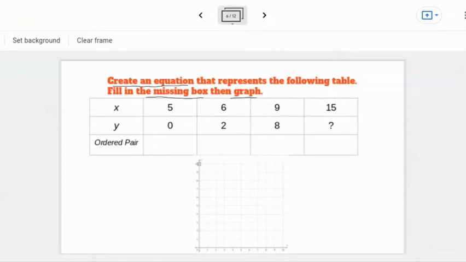But come up with an equation. So a y equals, remember yesterday, blank x plus or minus blank. Once you come up with your equation, figure out your missing number, and then create your ordered pairs.